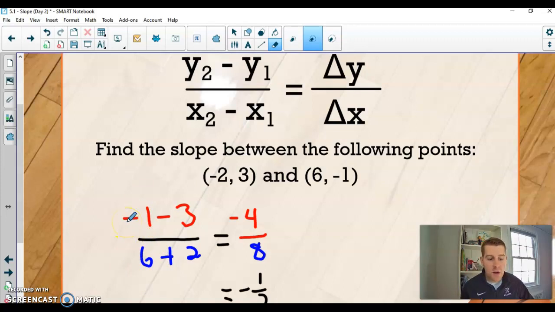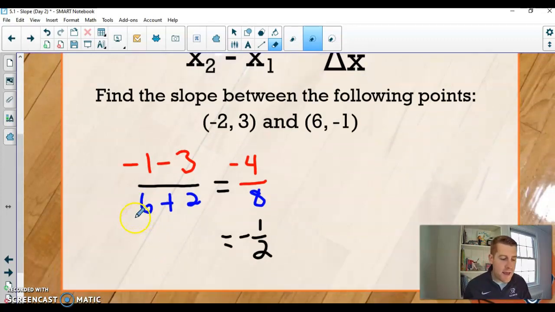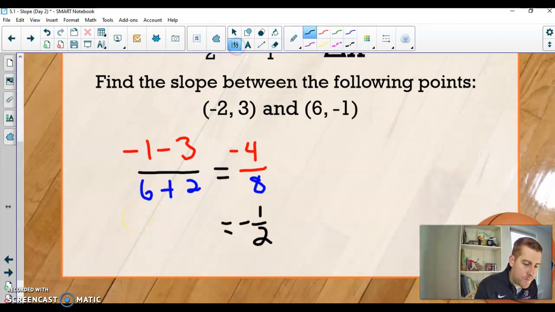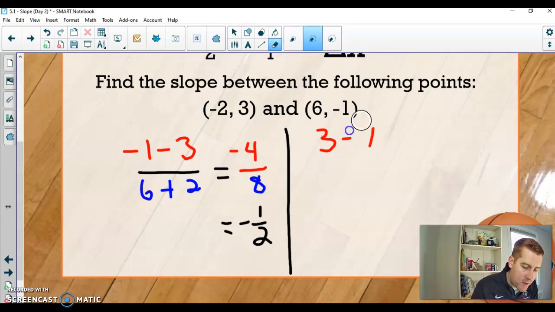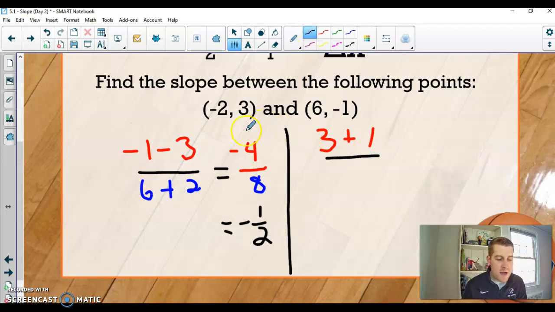So let's say I started with y1. We went ahead and subtracted, put a line here, and we subtracted y1, which is 3, and from that I subtracted a -1, which is y2. Remember, when we subtract a negative, that becomes addition. So up top now, I would have 3 plus 1, and we're going to divide that by change in x. Since we started with the y value of our first point, we now also have to start with the x value of our first point.